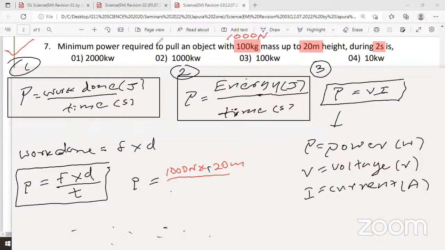So 1000 into 20 is 20,000 Newton meter, divided by 2 seconds. Newton meter is also equal to joule.